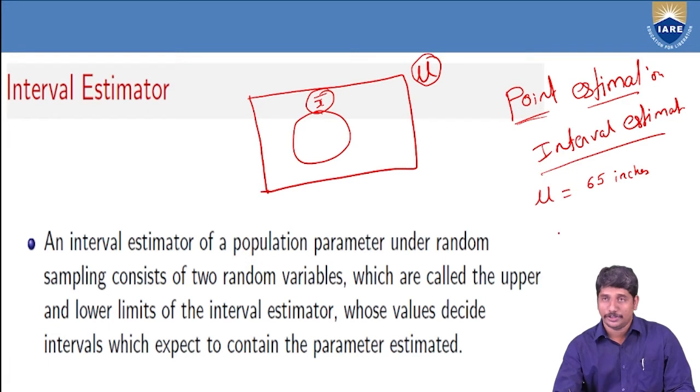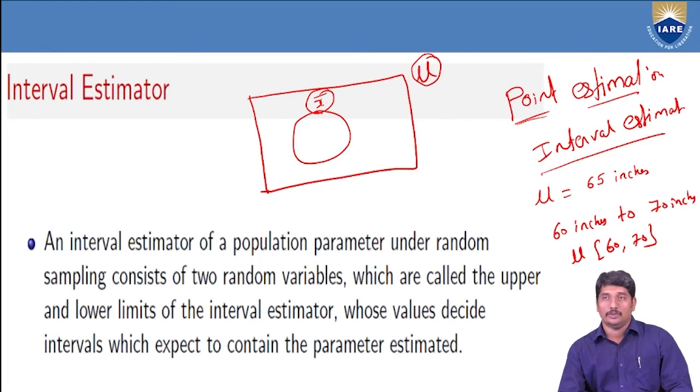Under interval estimation, we'll try to express the value of mu as an interval. That means we'll state that mu will range between 60 inches to 70 inches. This is called interval estimation.